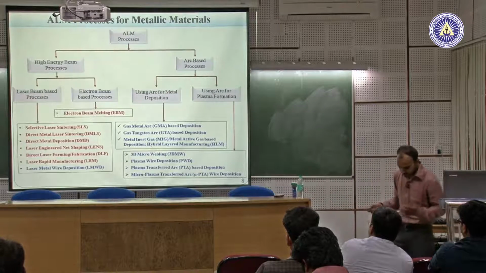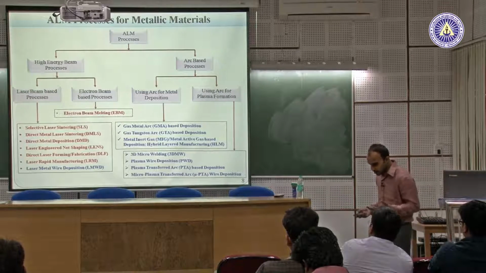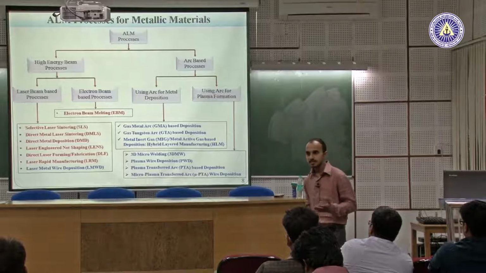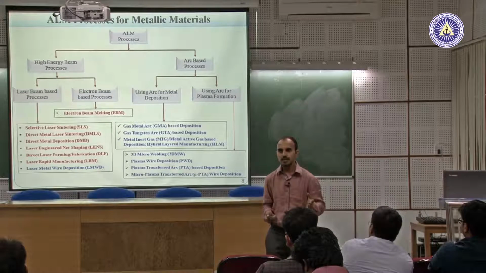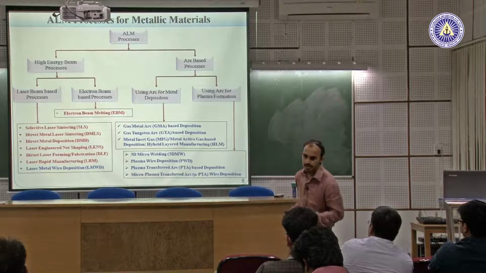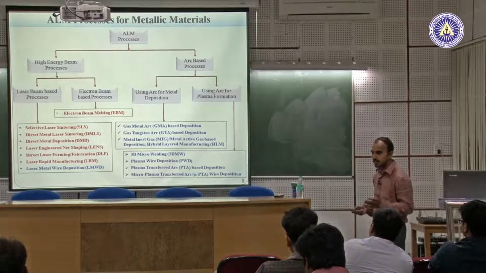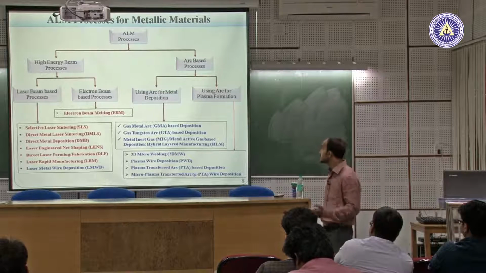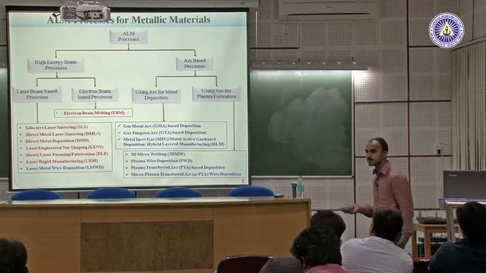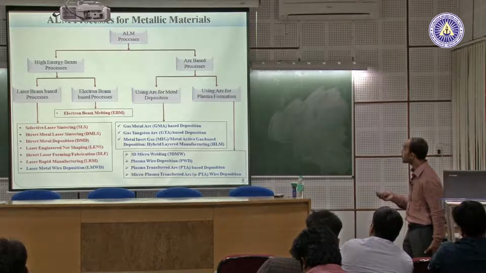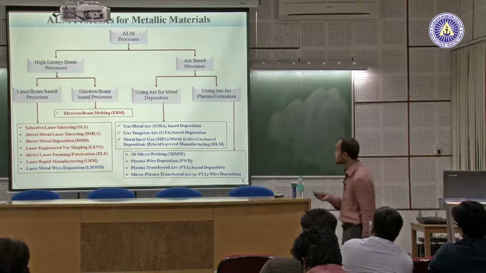We have to see some popular additive layer manufacturing processes. Basically, additive manufacturing has been used for rapid prototyping during the last 30 years, but nowadays the advanced technology is for manufacturing metallic materials. These are the different types of additive layer manufacturing for metallic materials.